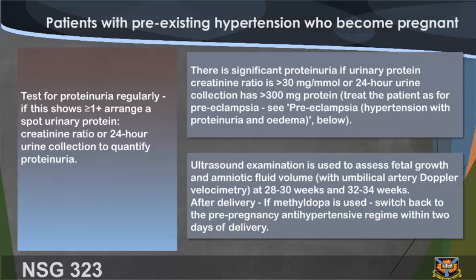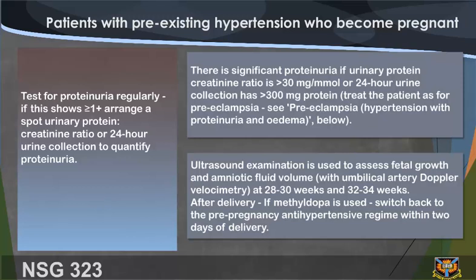There is significant proteinuria if urinary protein creatinine ratio is greater than 30 mg/mmol or 24-hour urine collection has greater than 300 mg protein. Treat the patient as for preeclampsia. See preeclampsia, hypertension with proteinuria and edema below.